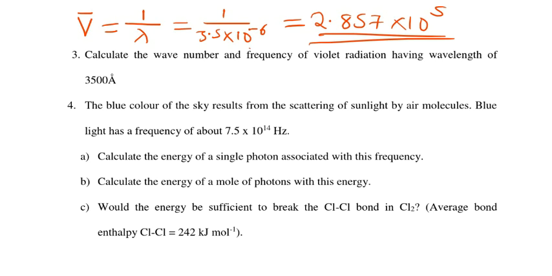And then what else do we need to determine? We need to determine the frequency. So what equation relates the frequency and the wavelength? Frequency is equal to the speed of light over the wavelength. Speed of light is 3 times 10 to the power 8 over the wavelength.